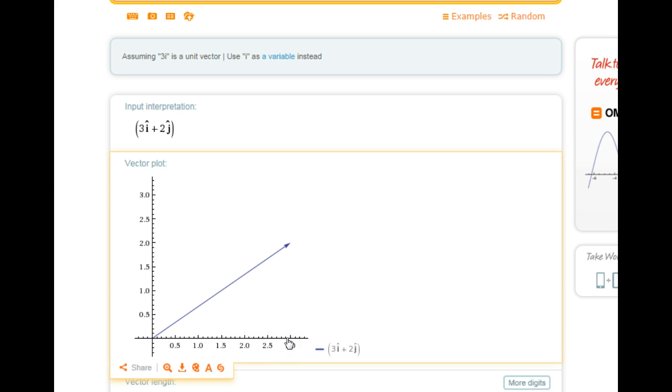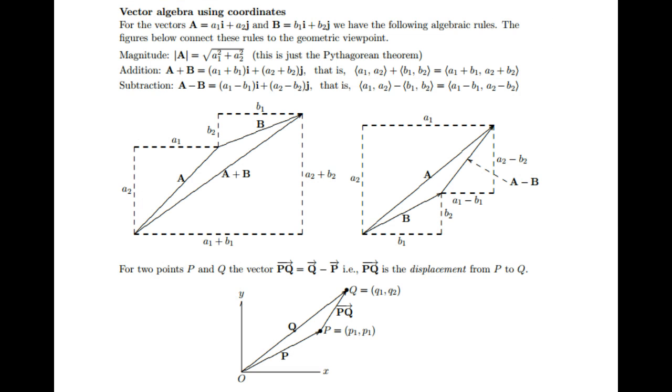And since j is of length 1, when we multiply that by 2, we're going to go up here. So we're going to get to the point 3 comma 2. So this is a nice tool to play around with these things and get a feel for what's happening, because it gets a little abstract with these a1s and b1s and stuff.